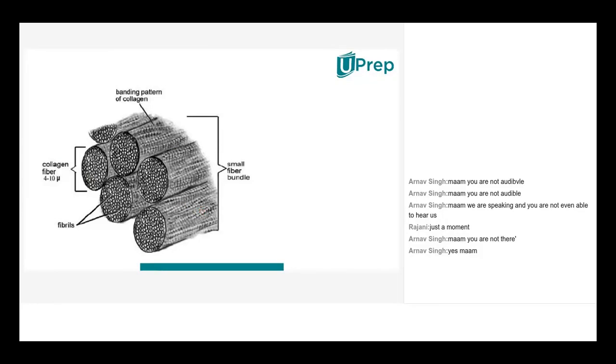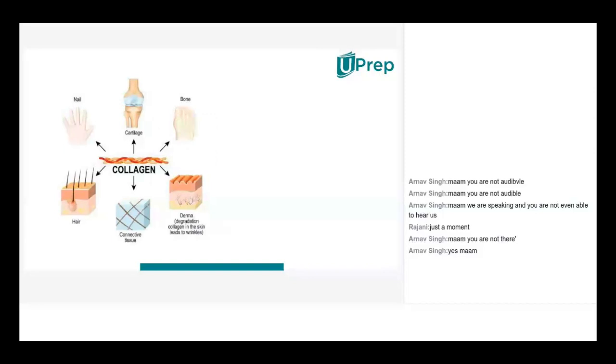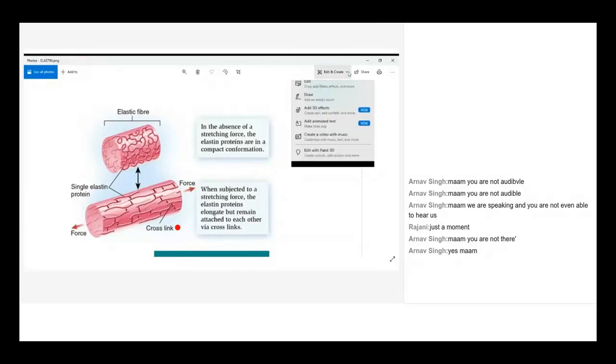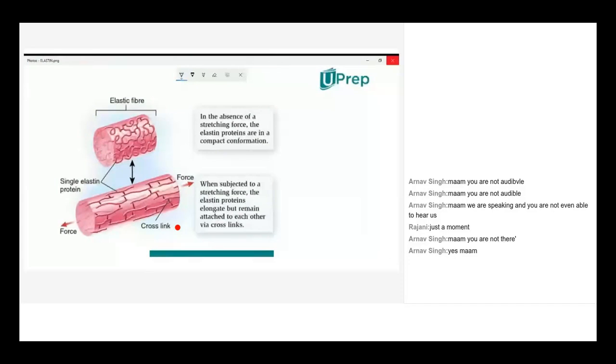Then the elastin fibers are also made up of elastin proteins, which somehow look like this. Can you see this line? This elastin fiber is arranged. See, collagen is a protein, and elastin is also a protein. See, both are proteins.